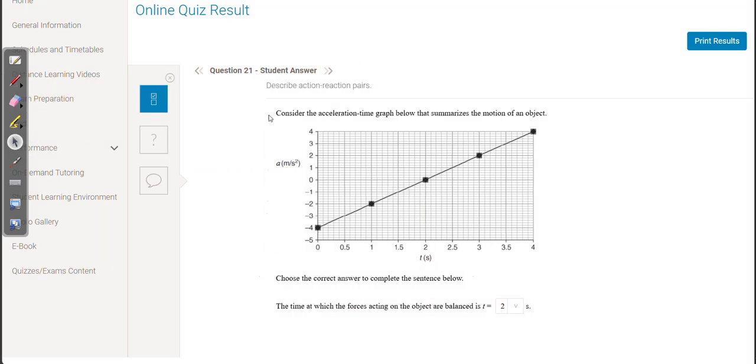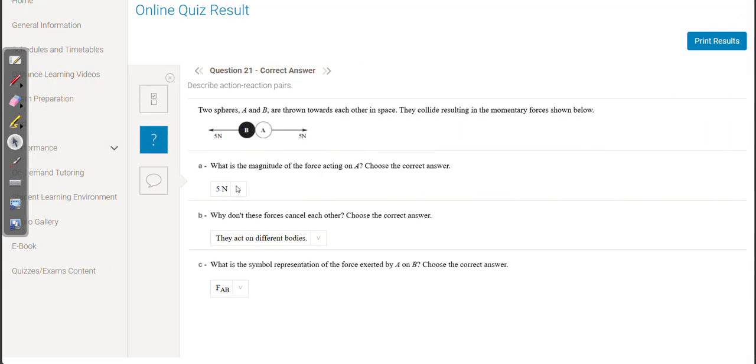Next question, 21. What is the magnitude of the force acting on A? It's simple, 5 newtons. Why don't these forces cancel out each other? As I said previously, they act on different bodies. How do they cancel? If they act on the same body with equal magnitudes and opposite direction.